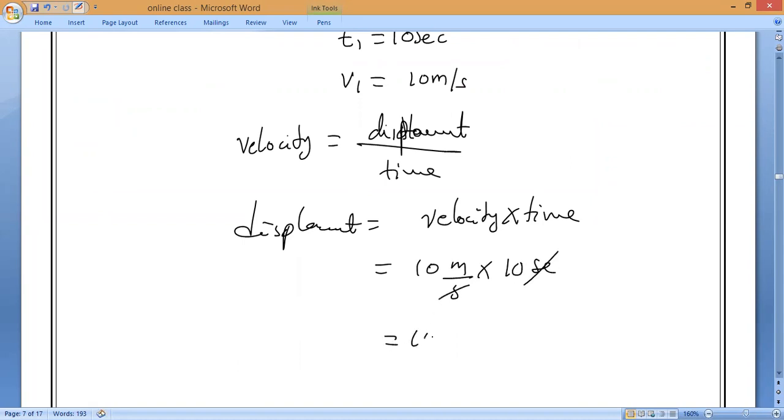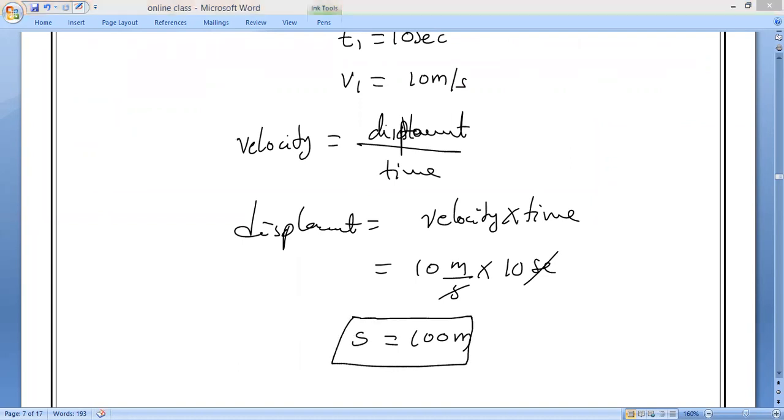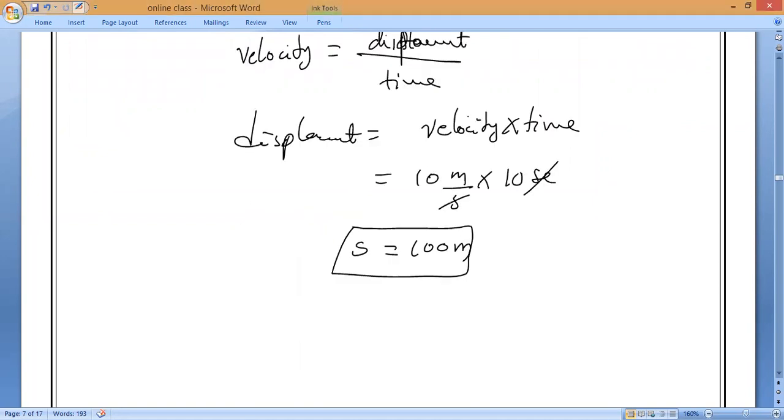Second will get cancelled, which is equal to how much? 100 meters. What is the distance? The distance is 100 meters. So that is the first part. Yes or no? Yes. That is why I will consider this as S1, because it is the first part.